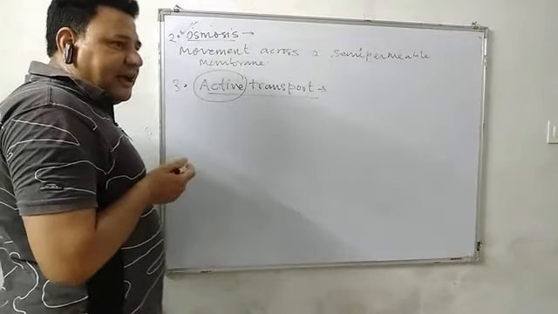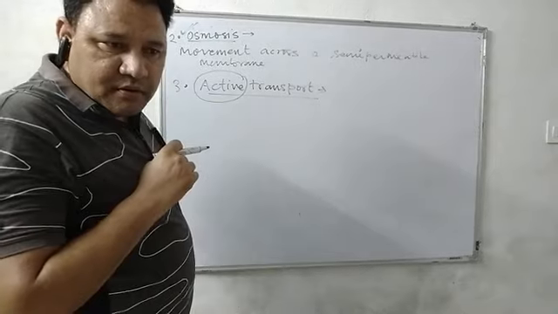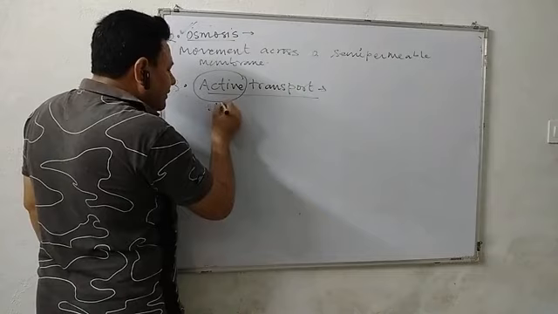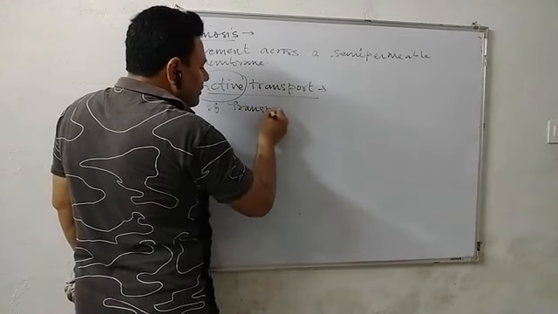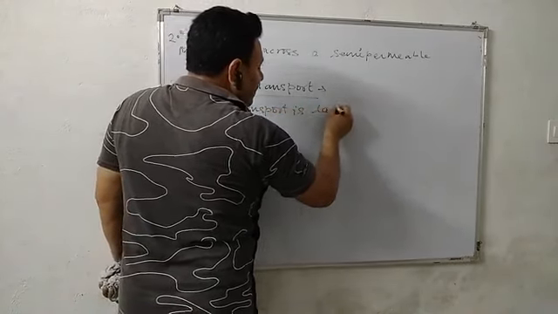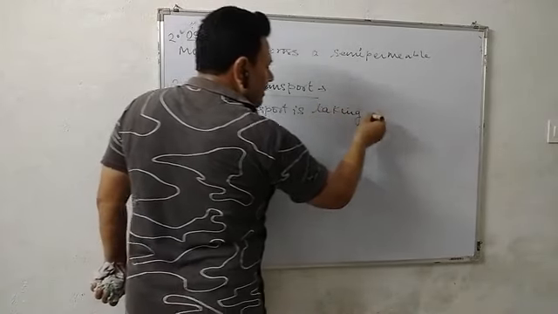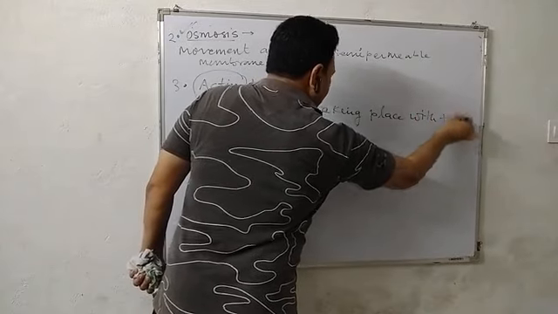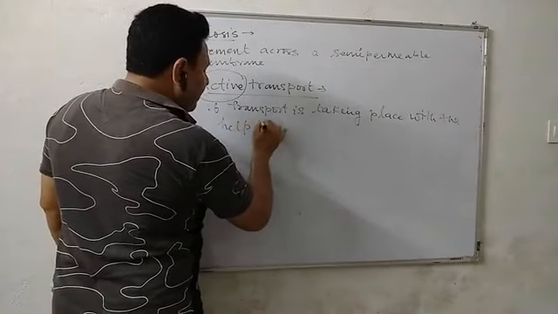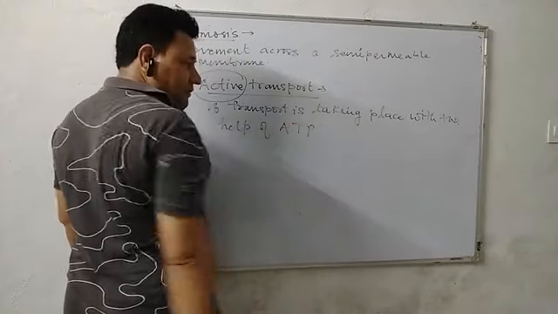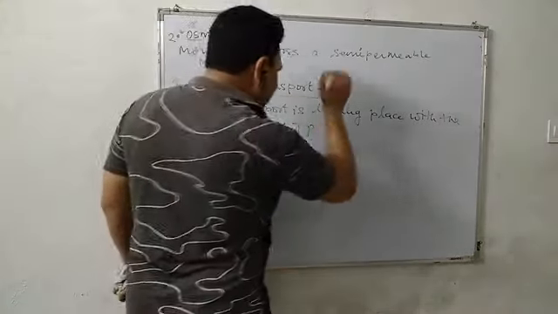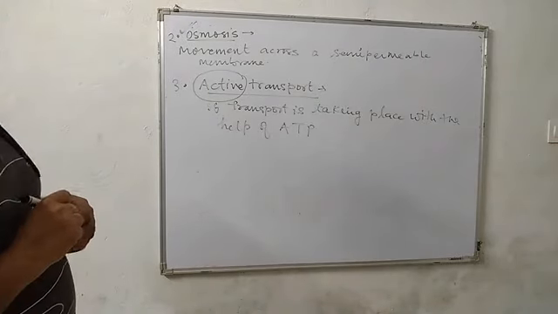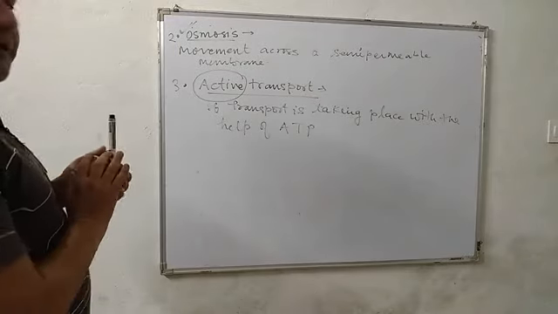So when a person is getting active, when he is having more energy, so if transport is taking place with the help of ATP, adenosine triphosphate, then this kind of transport is known as active type of transport. Okay?